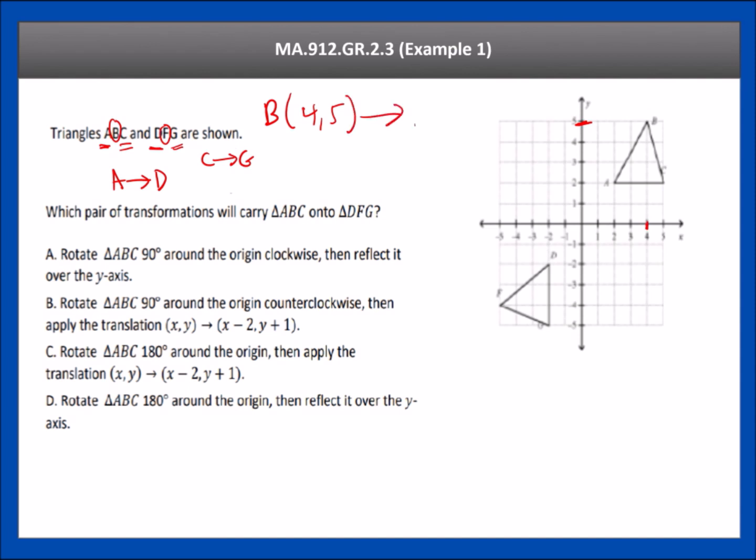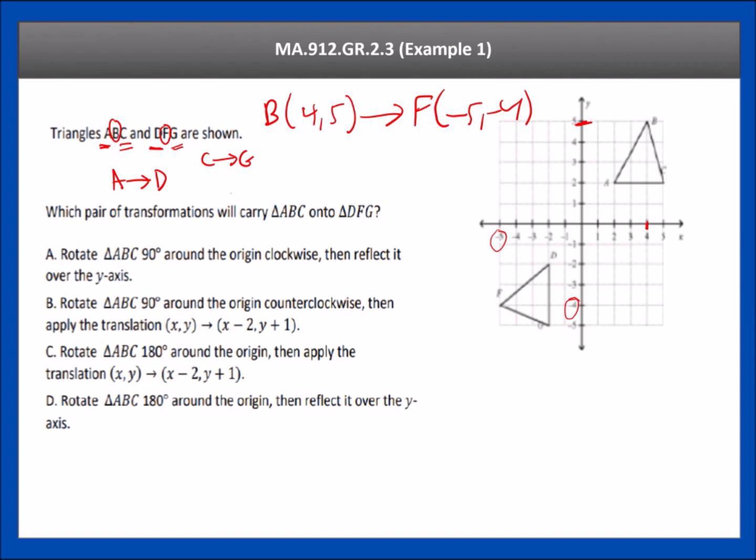We know it should map to F, which is here. It's -5, -4. Then we're going to go through these transformations one by one and see if that takes us from B to F.